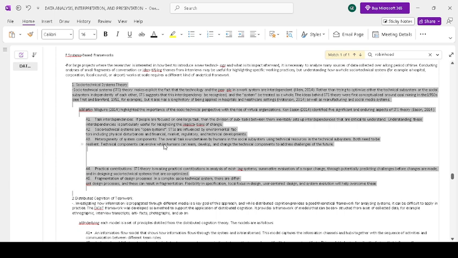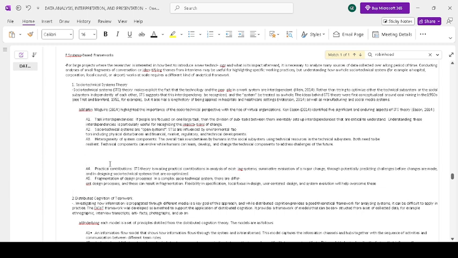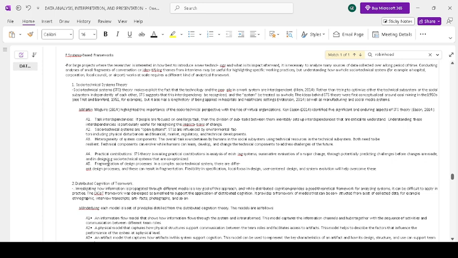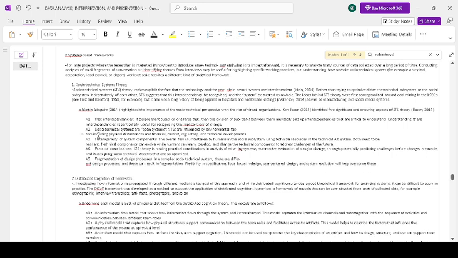Third, heterogeneity of system components. The overall task is undertaken by humans in the social subsystem. I'll explain another concept about this second point. Basically, this second point is what most people don't notice: that their environment, for example, the school, the company, or their groups, actually defines most of their life outcomes.